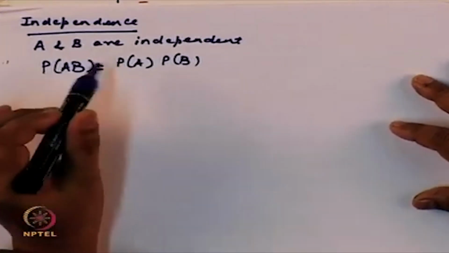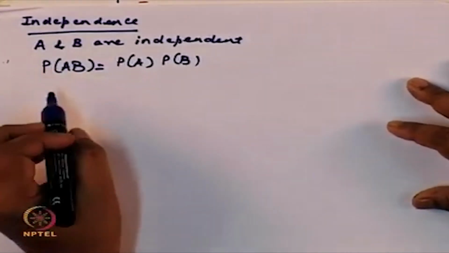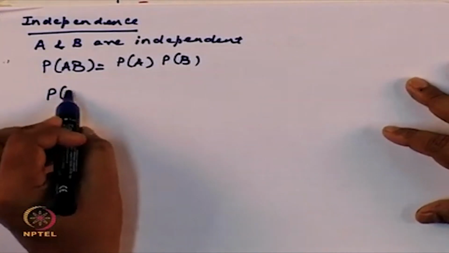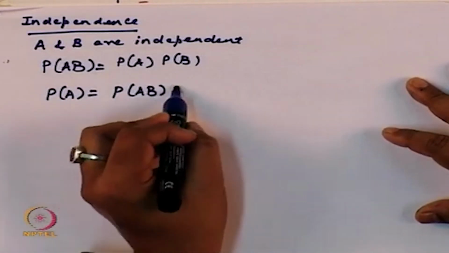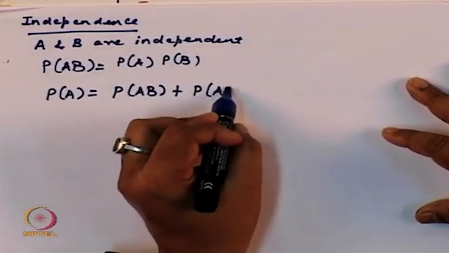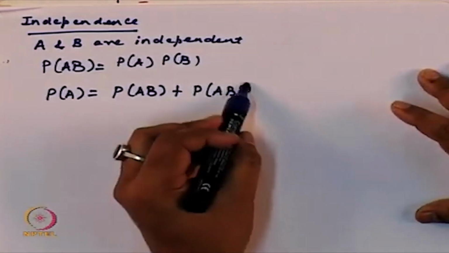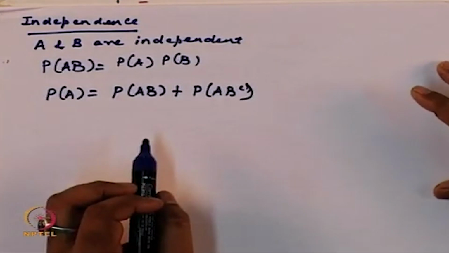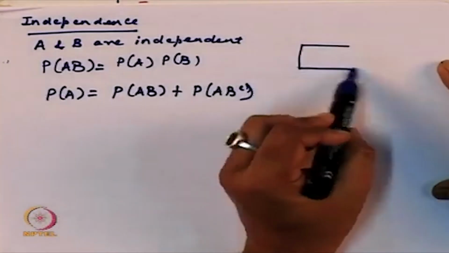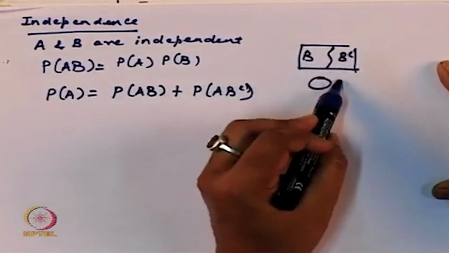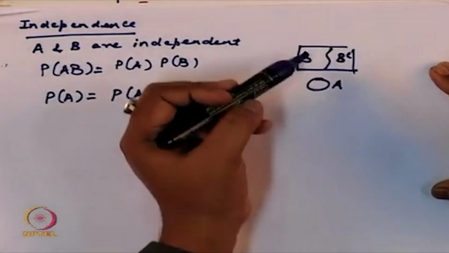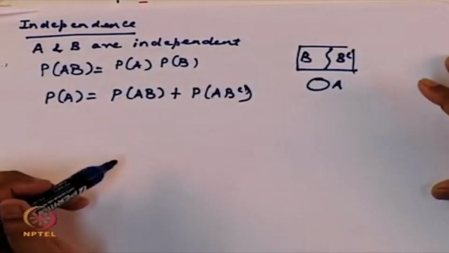Now, what follows if A and B are independent? I can write the probability of A as the probability of AB plus the probability of A B complement. So this is your event B, this is your event B complement, and this is your event A. They are independent, so I have drawn them separately.